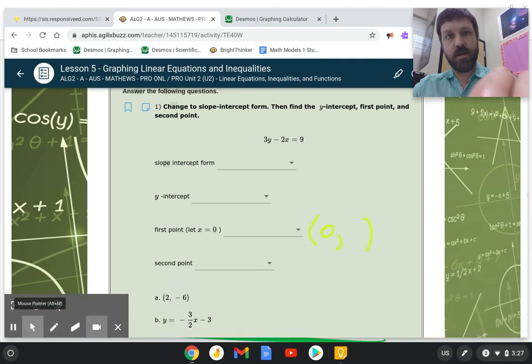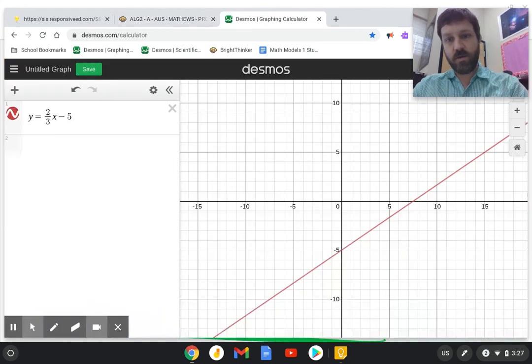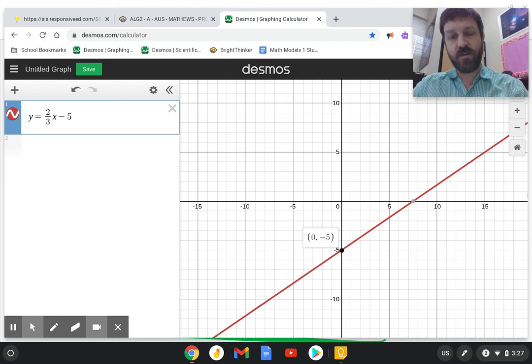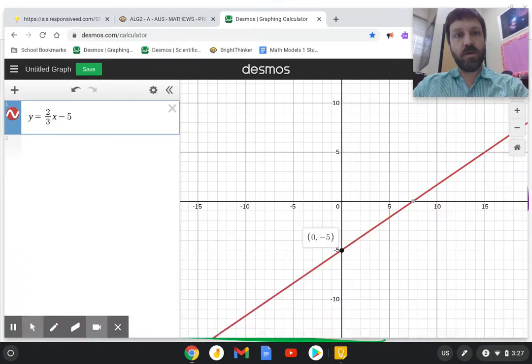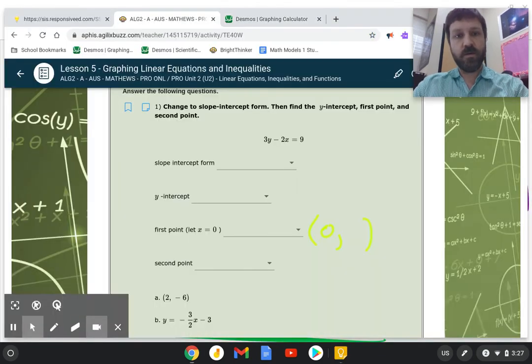So we're going to look where the graph crosses 0, comma, and it's -5. You should have known that because we can also write the y-intercept as a point. The number you have for the y-intercept should correspond to the number you have with your point in the first point part of this problem. So these two are very much connected ideas.